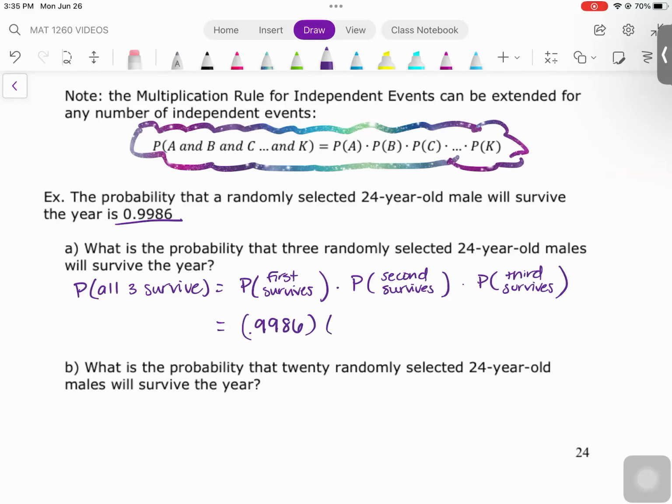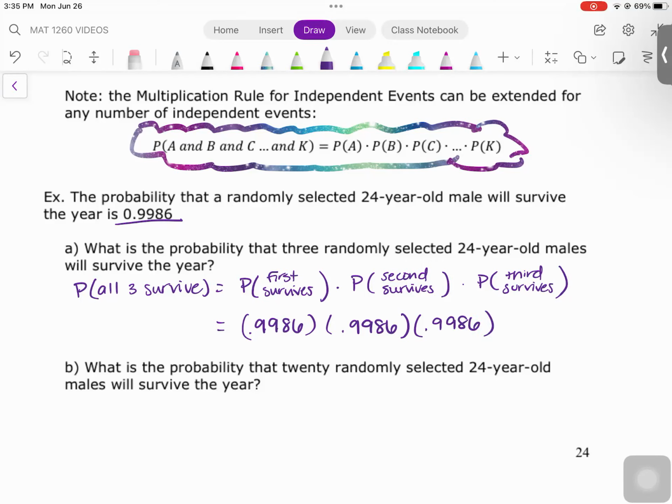If the first survives, that doesn't change the probability of the next surviving because they're independent. So the probability that the second person survives is still 0.9986. And likewise, if the first 2 survive, that's not going to change the probability of the third surviving. So that probability that the third survives is also 0.9986.